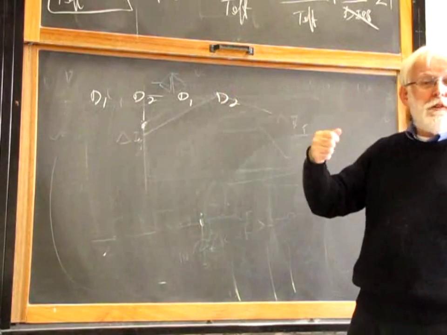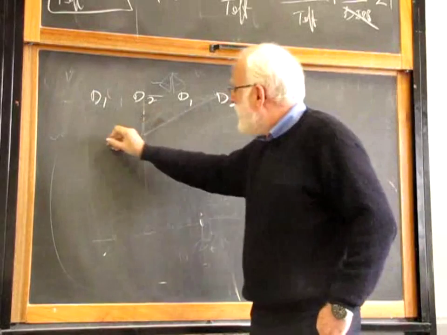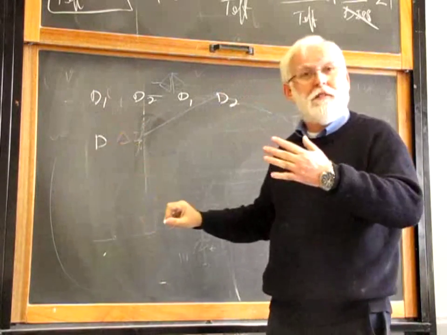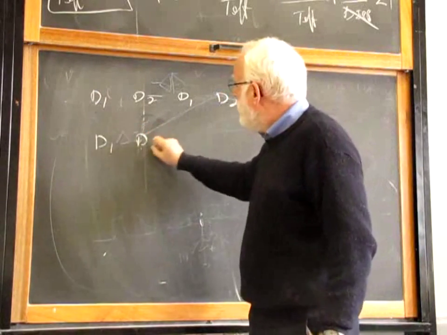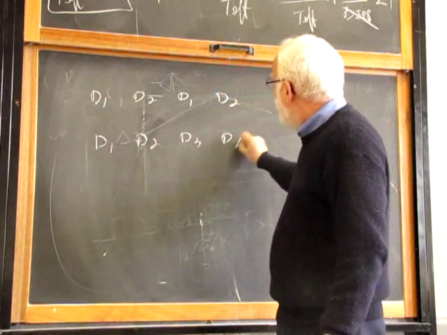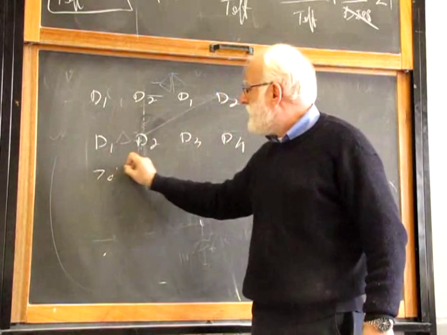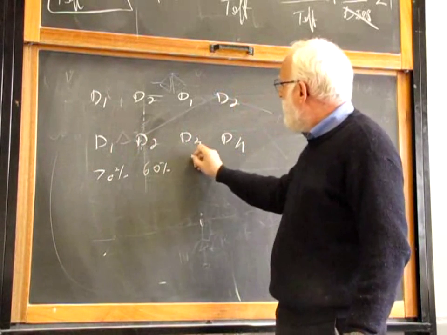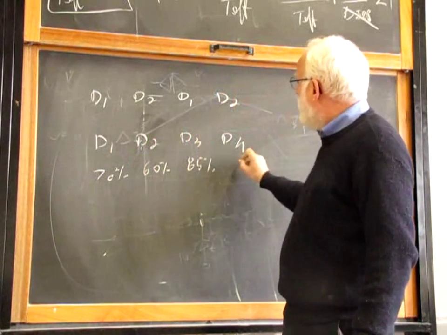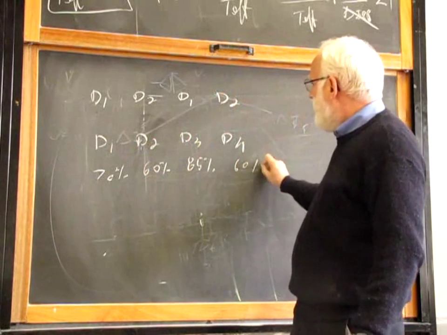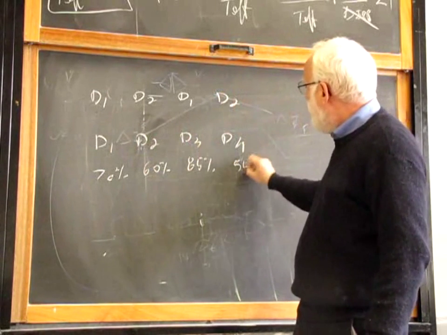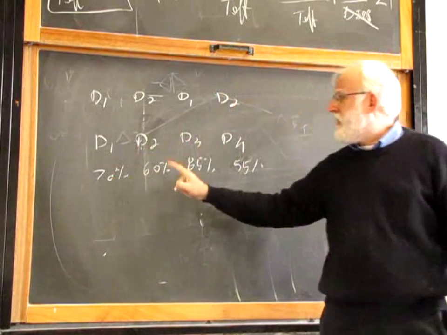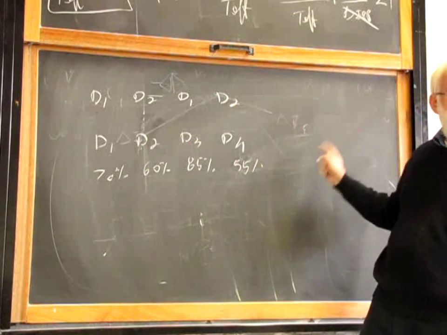If you keep going more and more into this instability, you can have 4 duty cycles repeating, like D1, D2, D3, D4. One cycle is, for example, 70%, the other one 60%, the other one 85%, and the other one 55%. And then it restarts 70, 60, 85, 55.